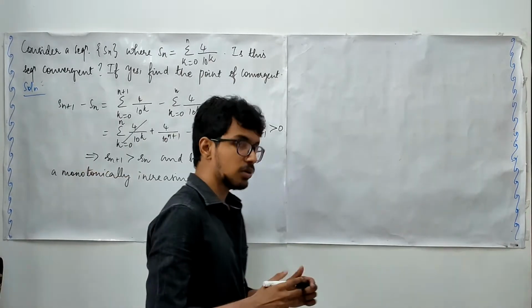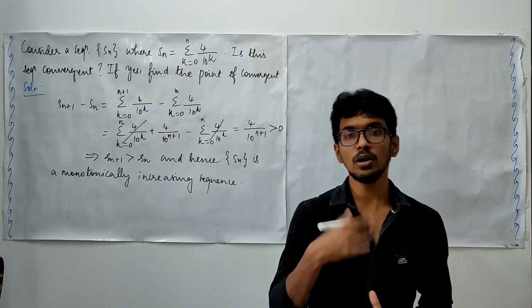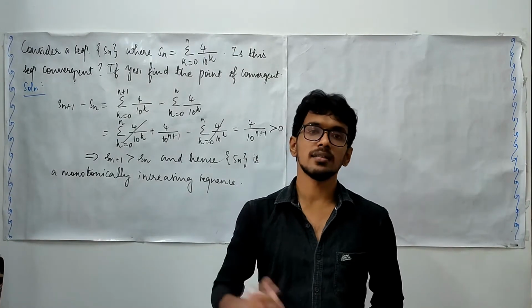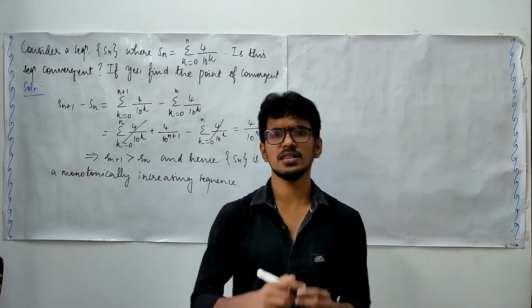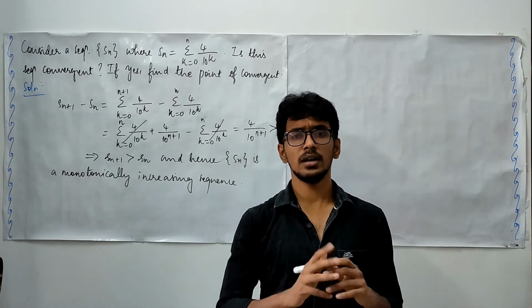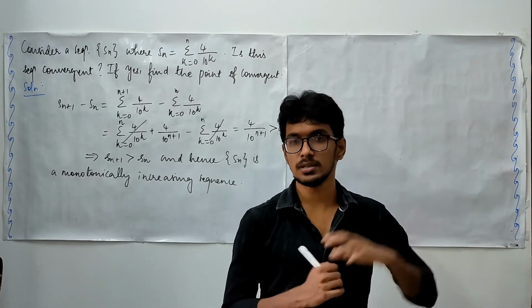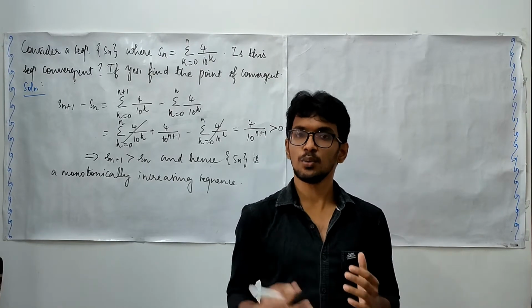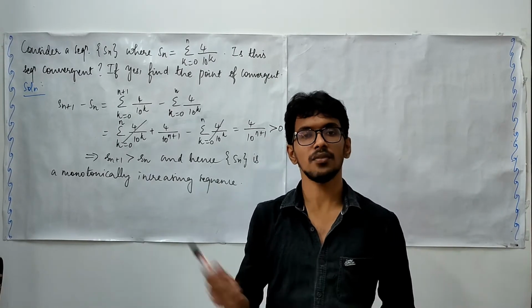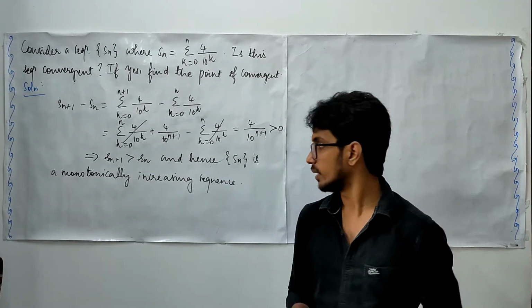So, if it turns out to be bounded, we can say it is convergent. Physically, what do we mean by convergence? It has to approach a finite limit when n approaches infinity. So we can directly make use of that idea, or we may use this idea as well.